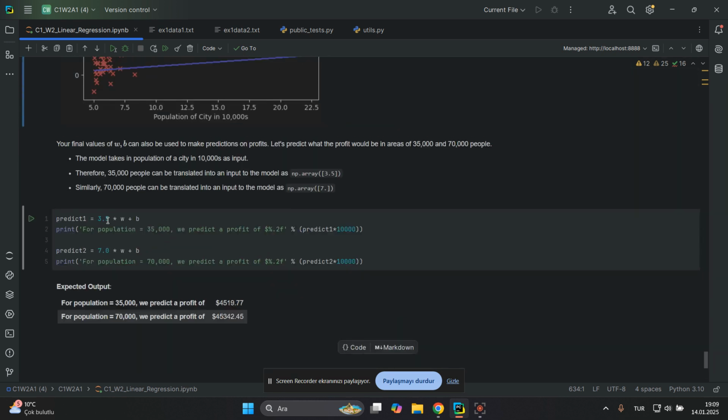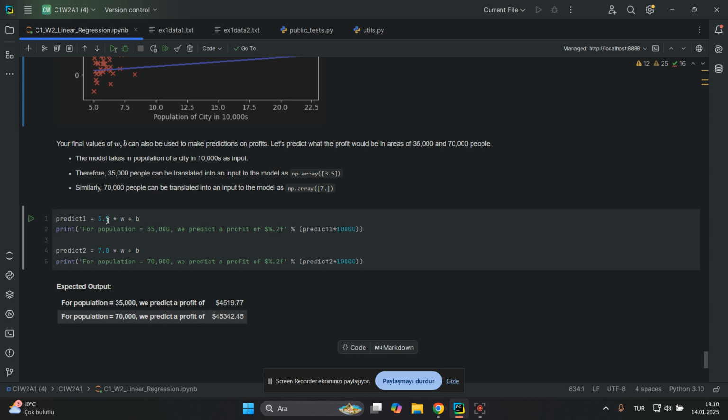The final values of w, b can also be used to make predictions on profits. Let's predict what the profit will be for areas of 35,000 and 70,000 people. The model takes the population in units of 10,000 as input. Therefore, 35,000 people can be translated into an input to the model as a numpy array 3.5.